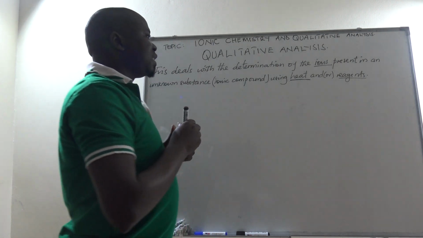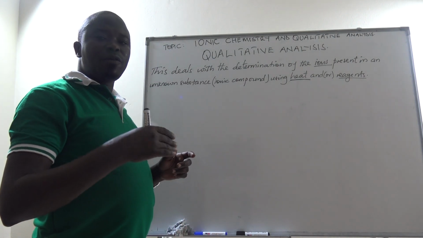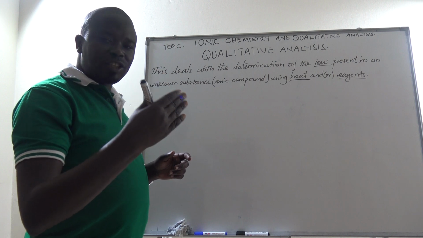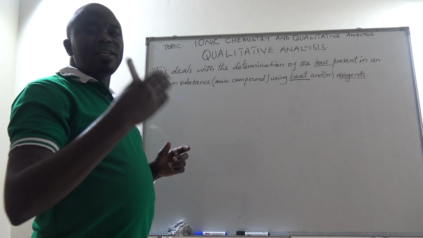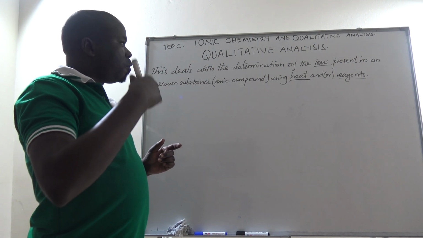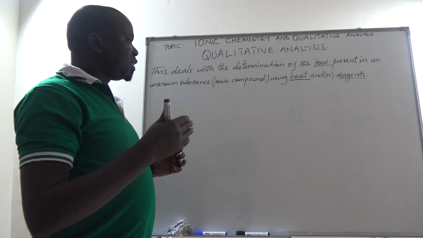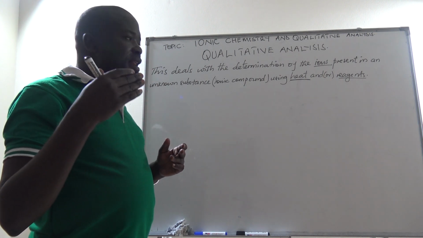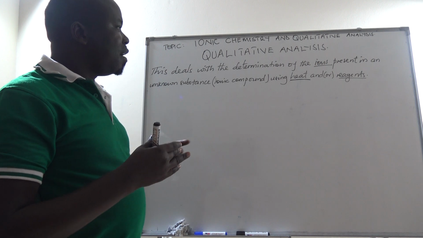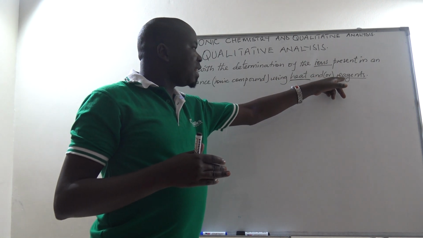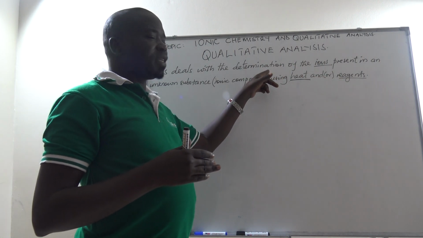That is, you will heat the substance and you'll be able to make your observations. You see what is produced or what is observed as a result of the process of heating, and then you will also be looking at the use of reagents to determine those ions.